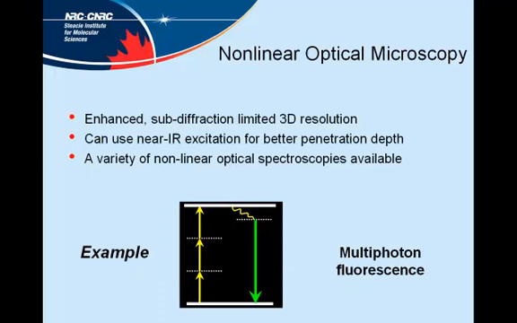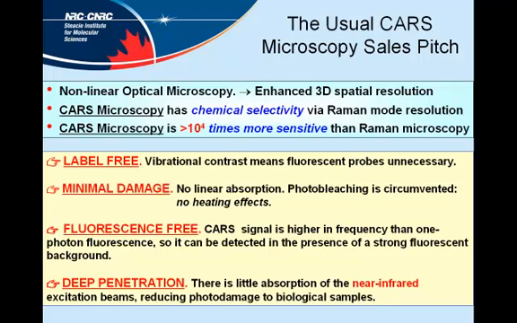So I don't think I need to say anything here about nonlinear optical microscopy and all the advantages that it has in terms of spatial resolution and being inherently confocal and so on. You've met plenty of car salesmen, I'm sure, in this seminar series.